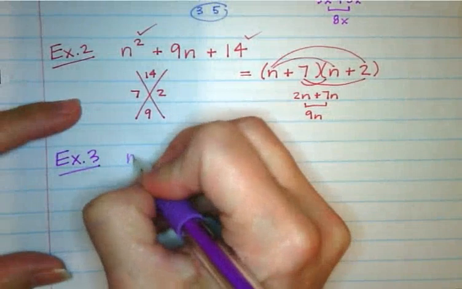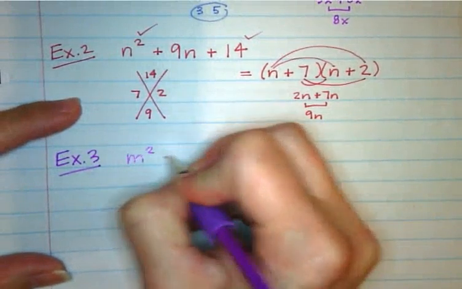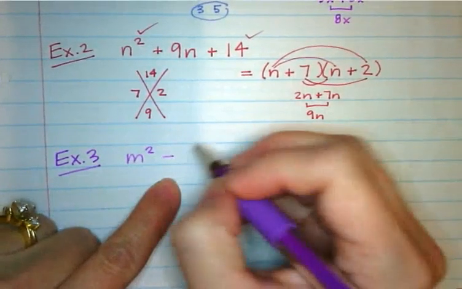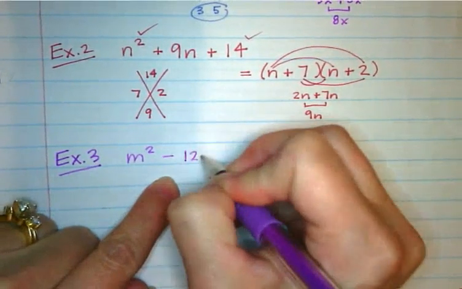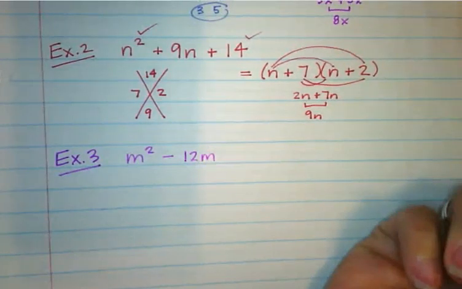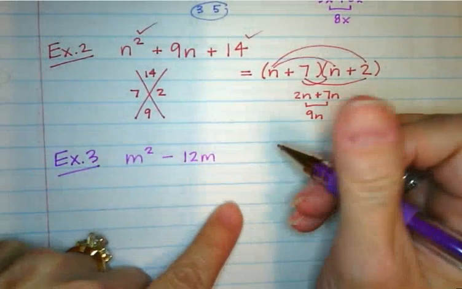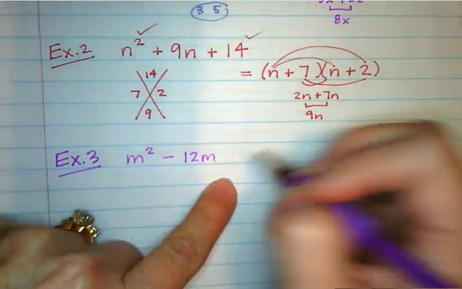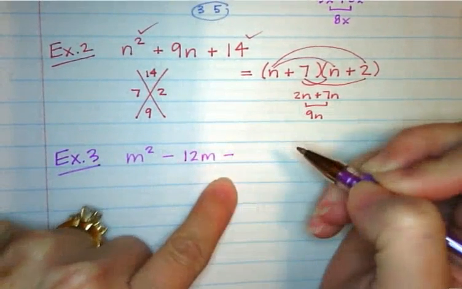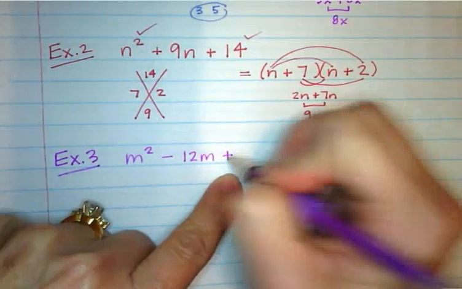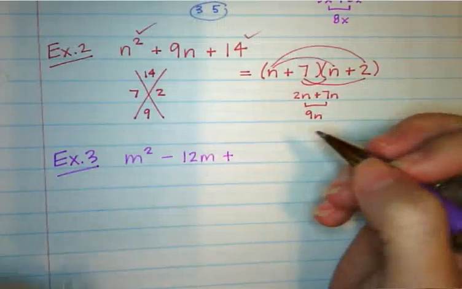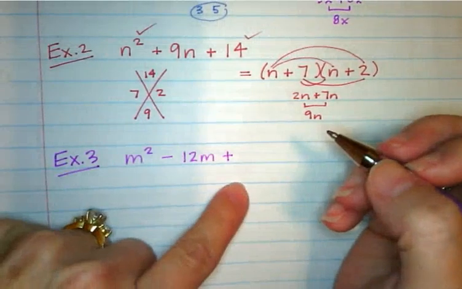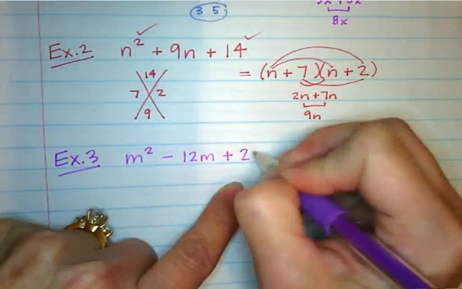Let's say we have m squared minus 12m plus 27.